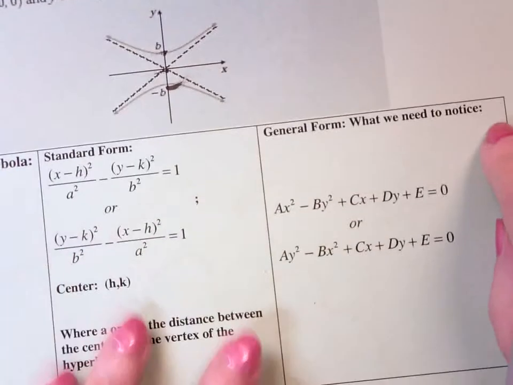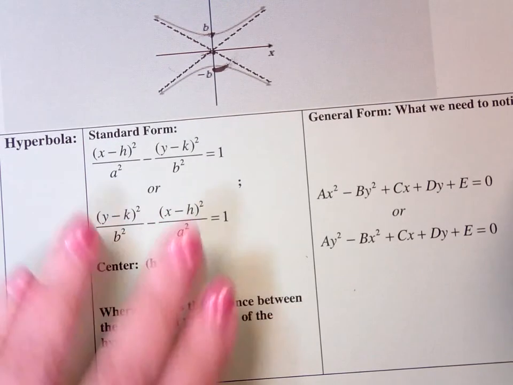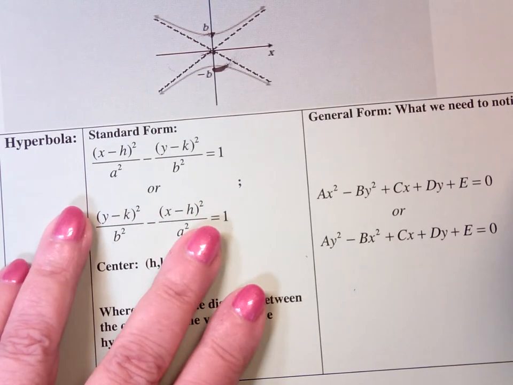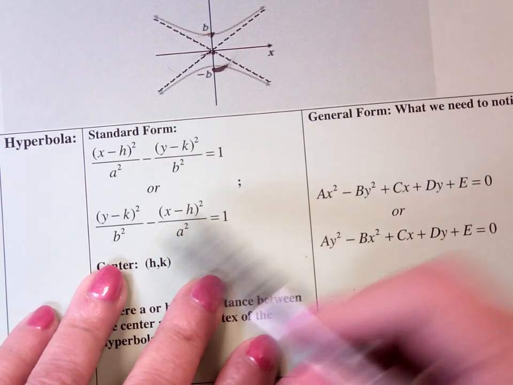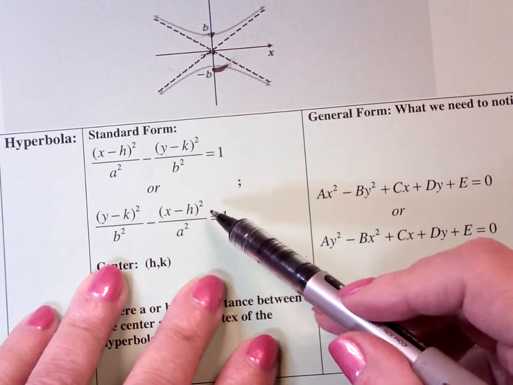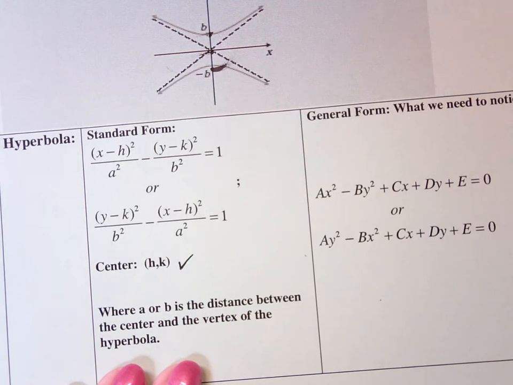Now, standard form: x minus h squared over a squared minus y minus k squared over b squared equals 1, or y minus k squared over b squared minus x minus h squared over a squared equals 1. And the center is h, k.